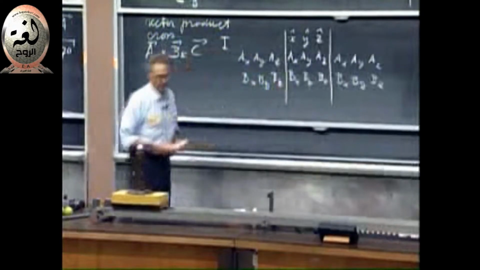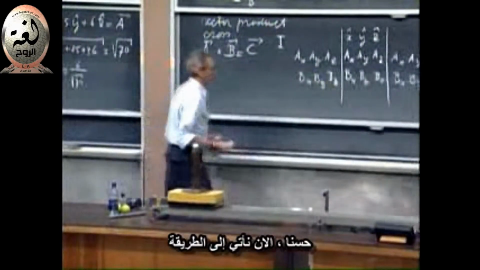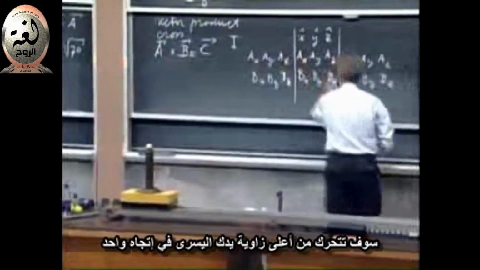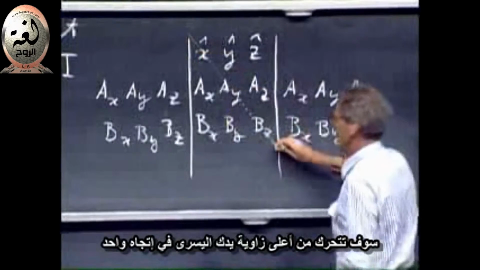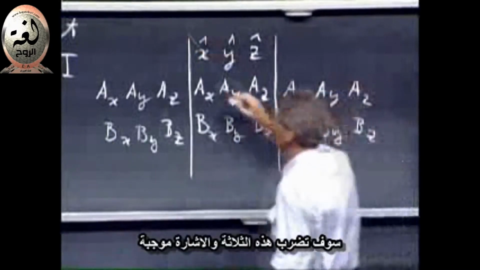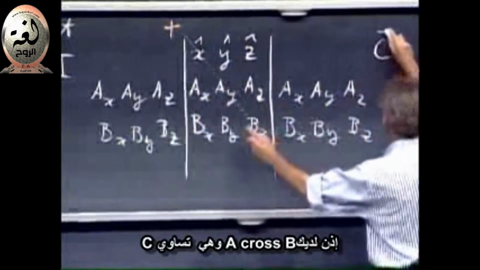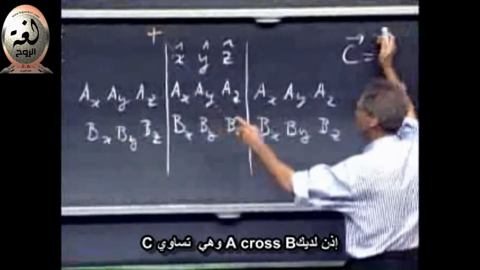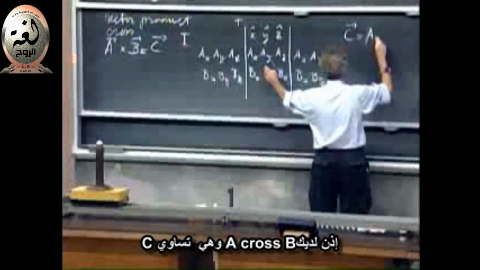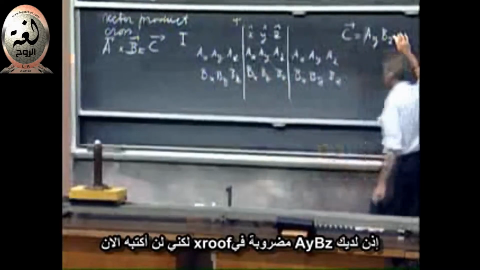Okay, and now comes the recipe. You go from the upper left-hand corner to the one in this direction. You multiply them all 3, and that's a plus sign. So you get C, which is the A cross B, equals AY times BZ times the X roof.